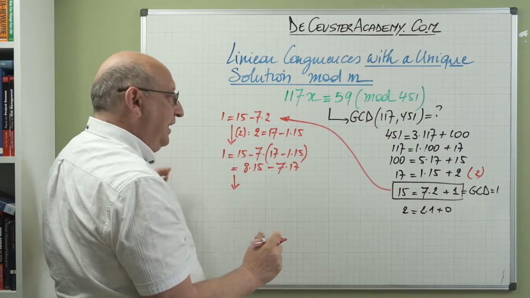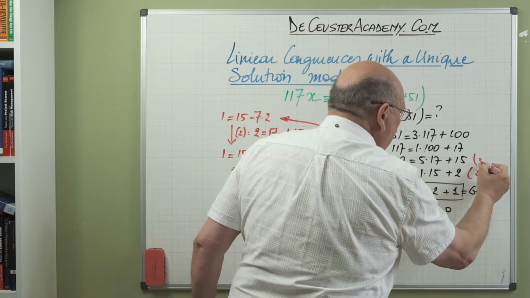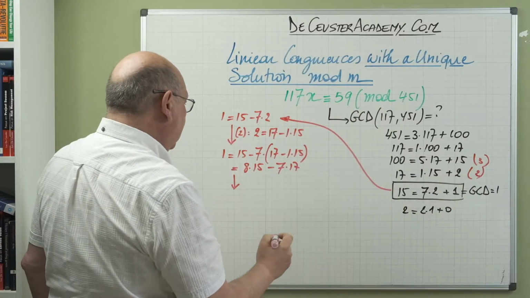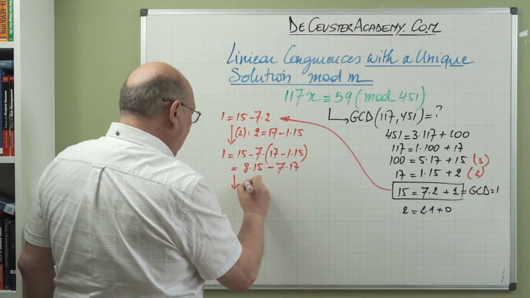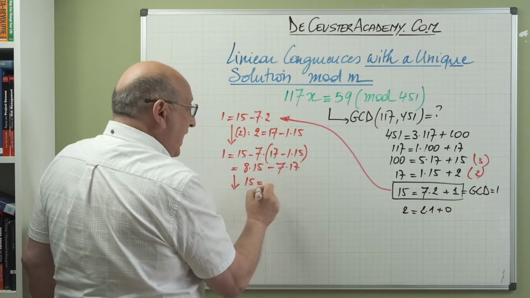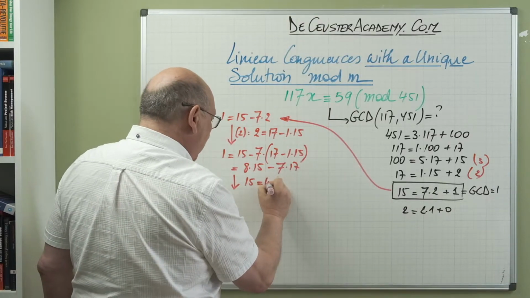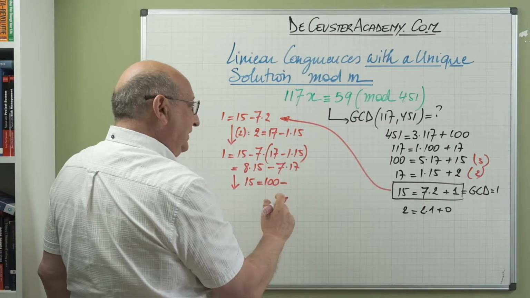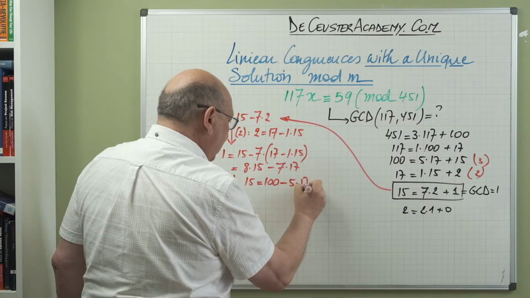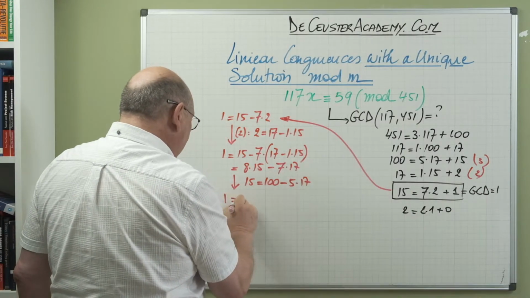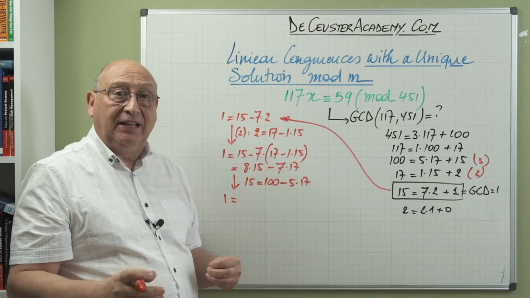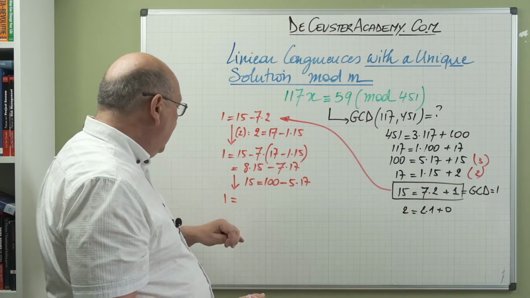The next step, we take equation 3. Again, we express equation 3 as a function of 15, and we can say 15 is 100 minus 5 times 17. We bring that in the equation, and I will immediately give you the result here.